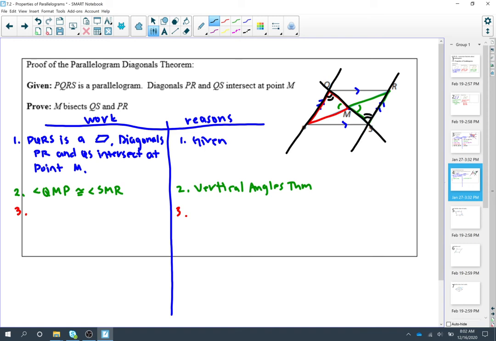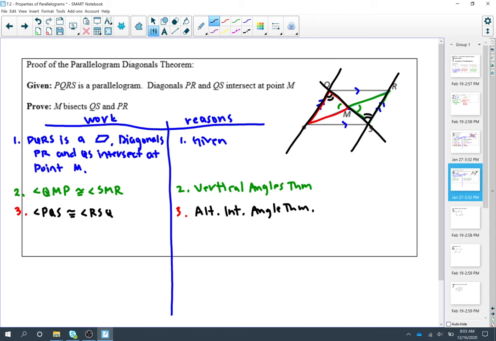So I can say angle PQS is congruent to angle RSQ. And the reason is alternate interior angle theorem. So I have an angle and an angle. Now I need a side.